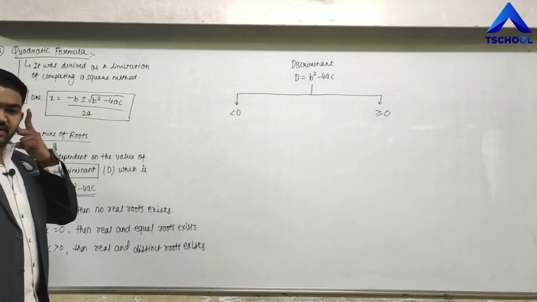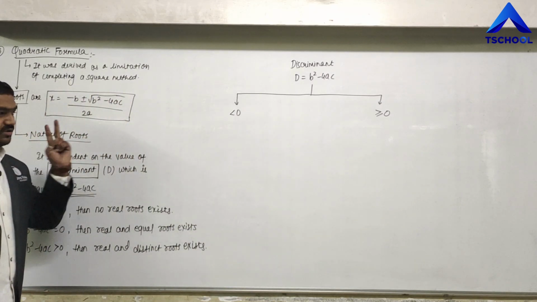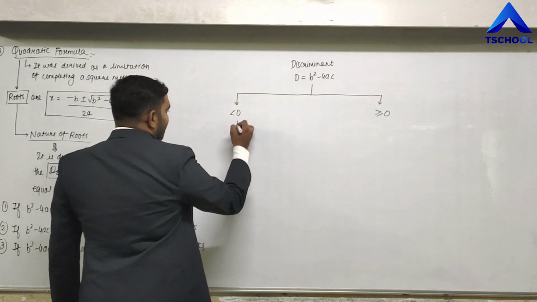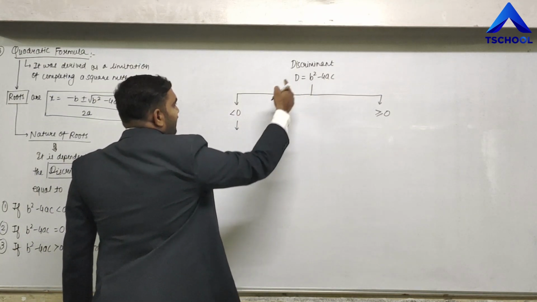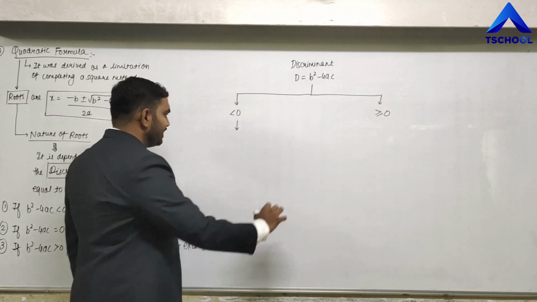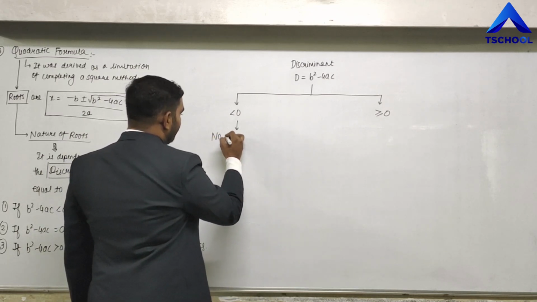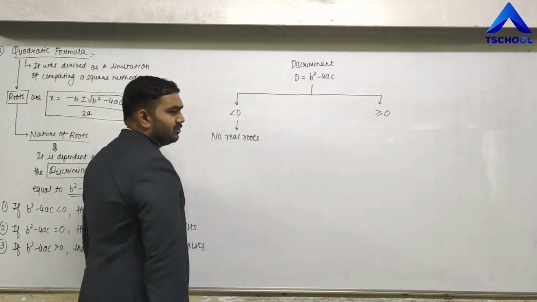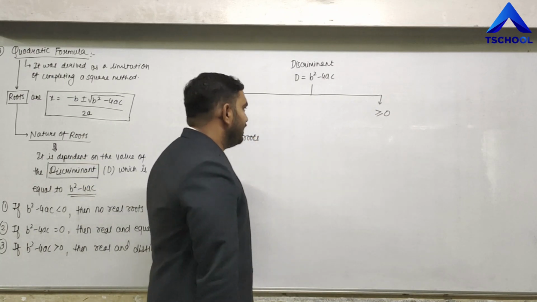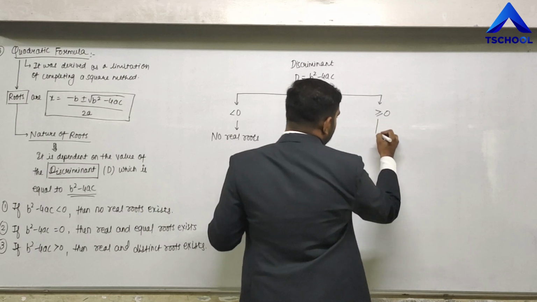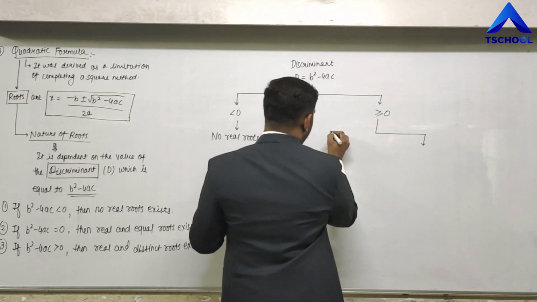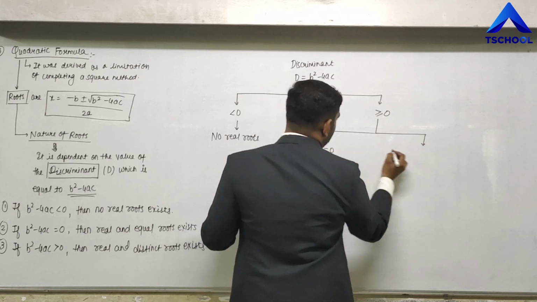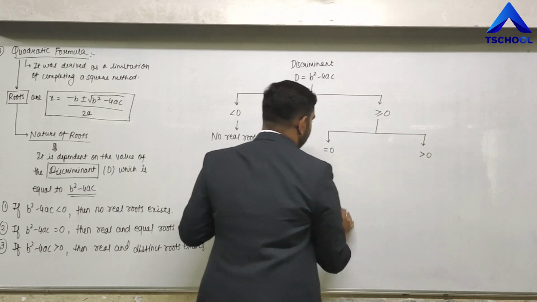So if b square minus 4ac is less than 0, then this will give me no real roots. Again, if it is greater than or equal to 0, there will be two more cases: whether it is equal to 0, or whether it is greater than 0.